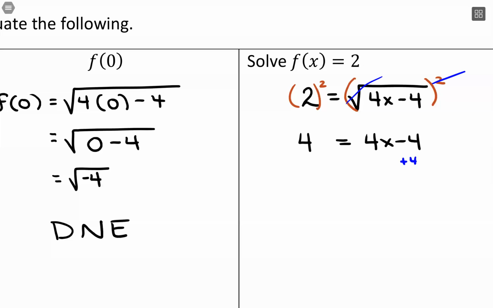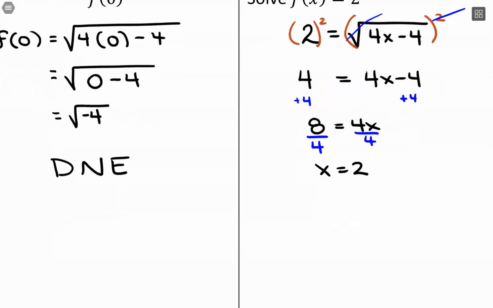I'm going to add 4 to both sides of the equation, so we'll have 8 equals 4x. Divide both sides by 4, so we get x equals 2. But before I can do that, I need to check that it works.